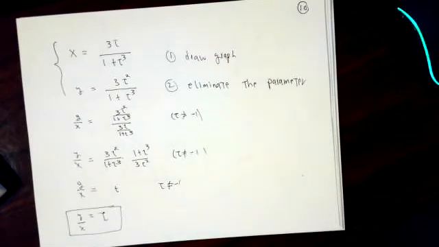I want to set up another comparatively simple situation. I want to let x equal 3t over 1 plus t cubed. Also, y is going to be 3t squared over 1 plus t cubed. A couple of preliminary comments. If t is 0, then you're at the origin.